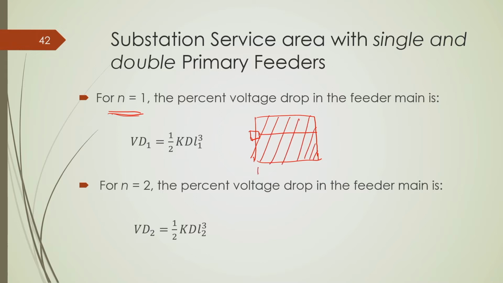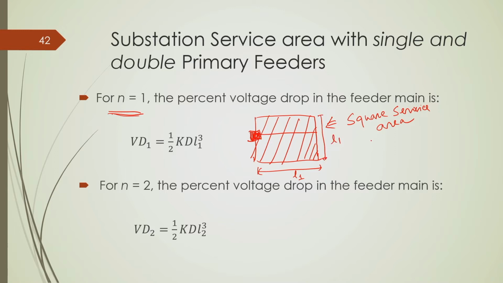So, this length of the main feeder is L1, where 1 stands for the substation being associated with only one feeder, which has a square service area. So, this length will also be L1.